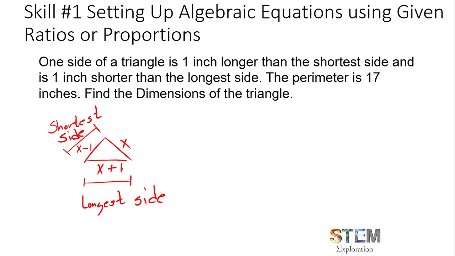And so I'm going to give you some problems and want you to practice a little bit looking at some of these circumstances and seeing if you can create some algebraic equations to look at the given circumstance. Because it might not seem like we've made a lot of progress, but since we know that the perimeter is equal to 17 inches, we can say that 17 inches is equal to x plus x minus 1 plus x plus 1, and we can solve accordingly.